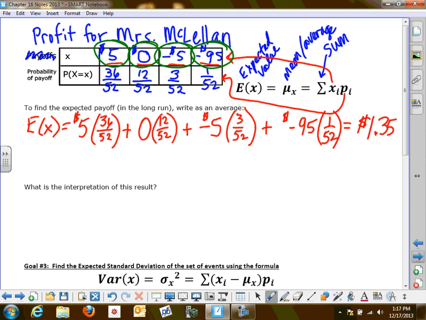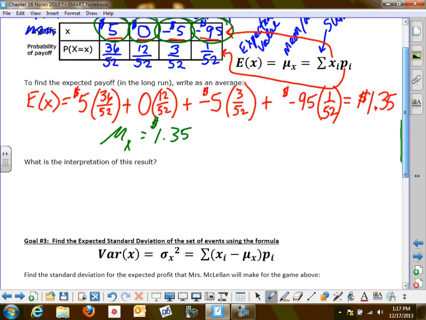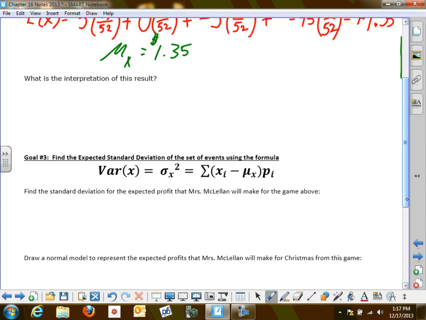So this average per play is now turning into continuous. Now it could be any amount. Okay? So this is the average per play, $1.35. Very good. So I'm saying, yeah, come on, let's play, because the more I get playing, the closer I get to that average of $1.35 per play.